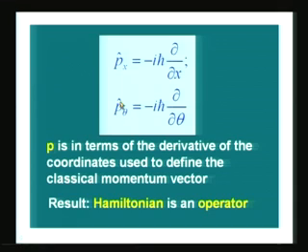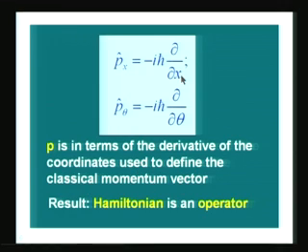If the momentum is about a certain direction with the angle, changing angle as the unit vector, the momentum is given by minus i h bar del by del theta. That is, what you see here is that the momentum will not be written as p, but it will be written in terms of the derivative of the coordinates used to define the classical momentum vector.